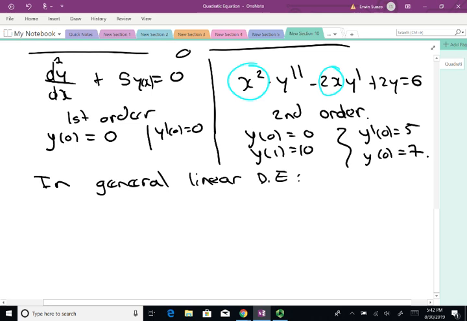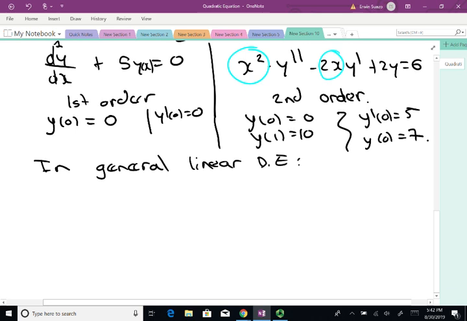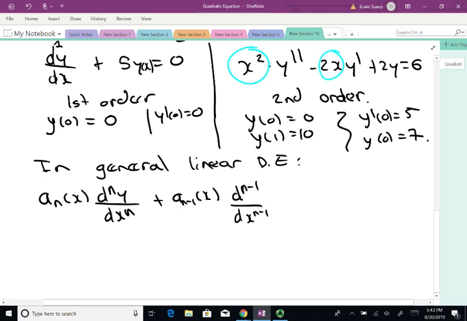A linear equation, we can write it like this: a_n(x) times the n-th derivative, plus a_{n-1}(x) times the (n-1)-th derivative of y, and so on, until a_1(x) dy/dx.